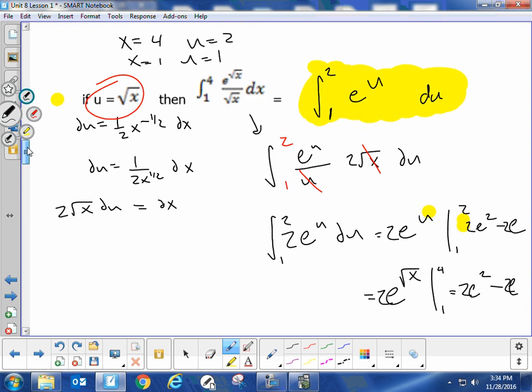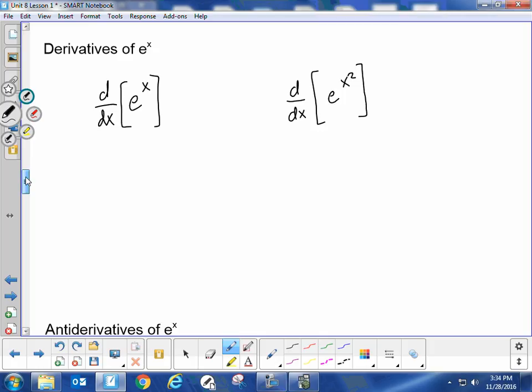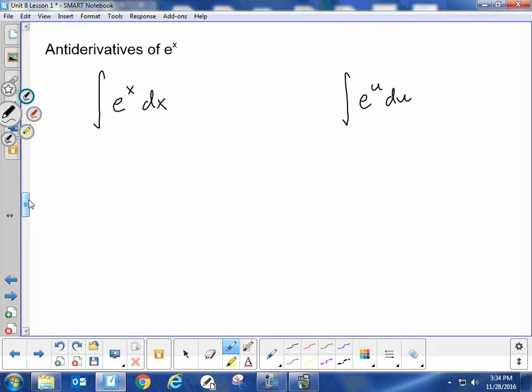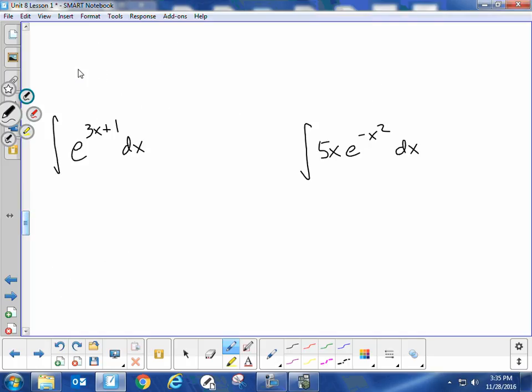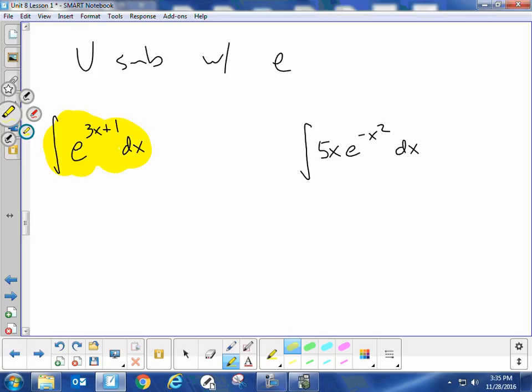Okay, now this leads us into the next one, which are antiderivatives of e. We know that the derivative of e to the x is just going to be e to the x. We'll have to be a little bit careful, though, with U substitution. This example right here is one that I showed you at the beginning that you can just figure out.